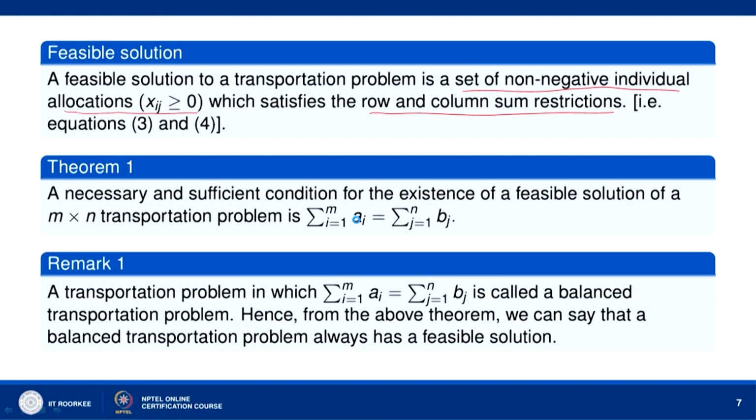So, a set of non-negative values of x_ij which satisfy the row and column sum restrictions is called a feasible solution to the transportation problem. Now, a necessary and sufficient condition for the existence of a feasible solution of an m by n transportation problem is sigma i equal to 1 to m A_i equal to sigma j equal to 1 to n B_j.